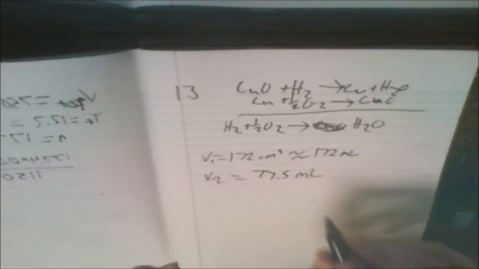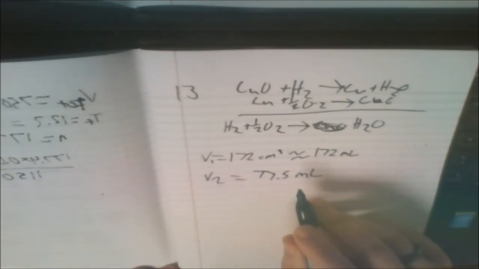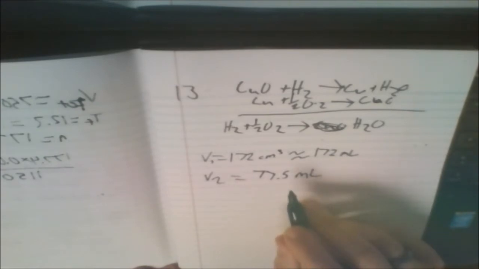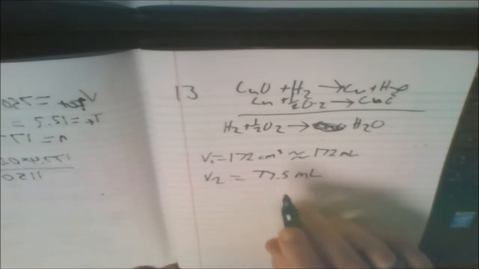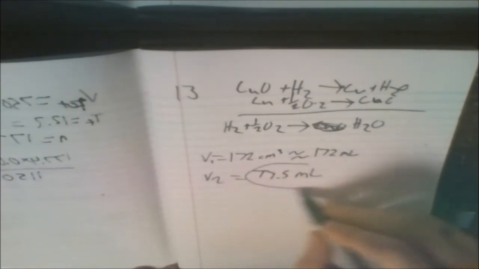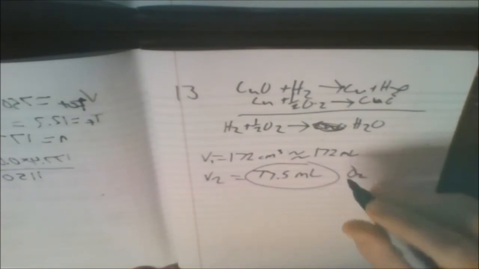Those two changes in volume involve the loss of both 1 equivalent of hydrogen and a 1/2 equivalent of oxygen, but we're losing both of them at the same time. What we need to figure out is how many moles of gas are lost, because we're told that this 77.5 is pure oxygen.